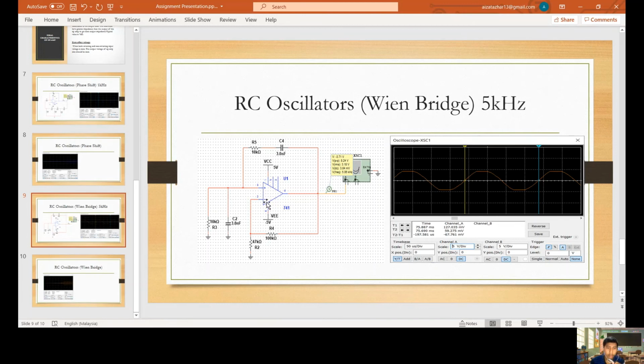And to confirm the answer for frequency, we can also use the formula frequency equals 1 over 2 pi RC, where R is 10 kilo ohm and the capacitor is 3 nanofarad. So we get the same frequency, which is 5 kilohertz.